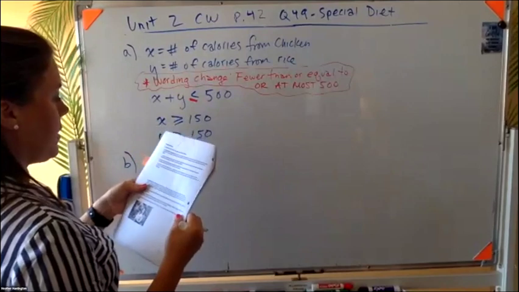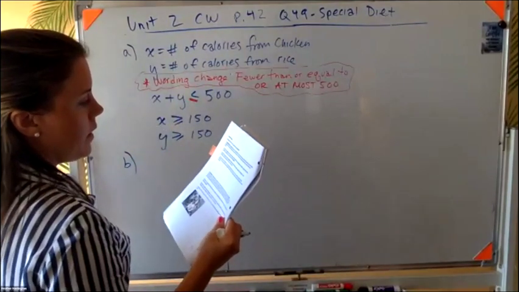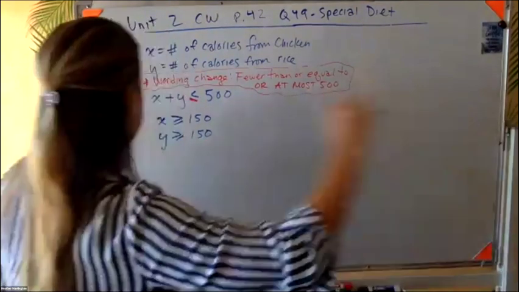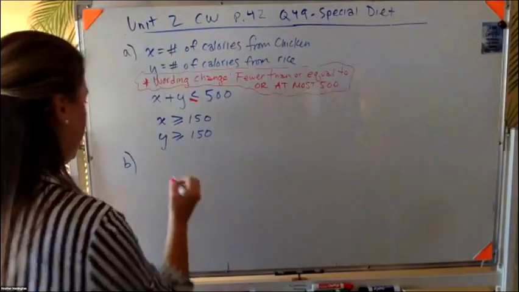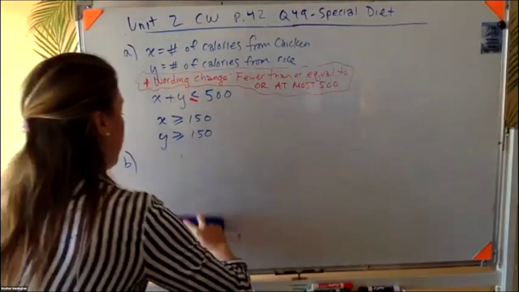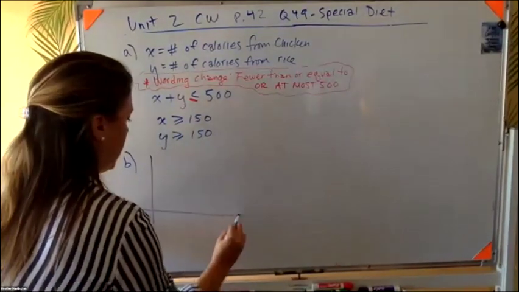Okay, now graph the system of linear inequalities and indicate the solution set. Graph calories from chicken on the horizontal. It's usually quadrant 1 that we work in, so I'm going to make it more like this.